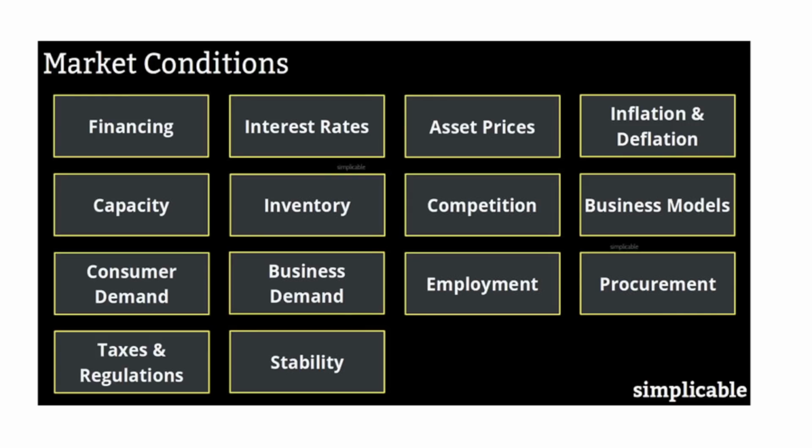Those are all different market conditions that have an impact to the way that people behave in a system. People behave differently when interest rates are low versus when they're high. They behave differently when certain assets are going up and when other assets are going down. Inflation and deflation have an impact on interest rates, and some of these are interconnected.